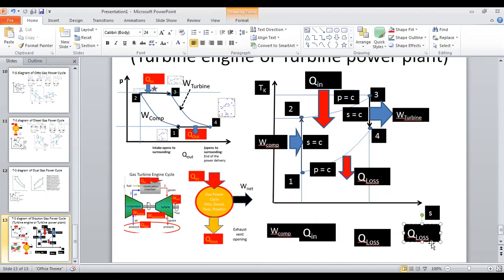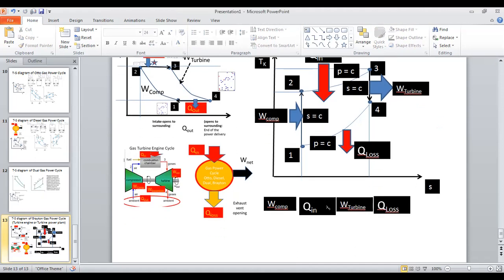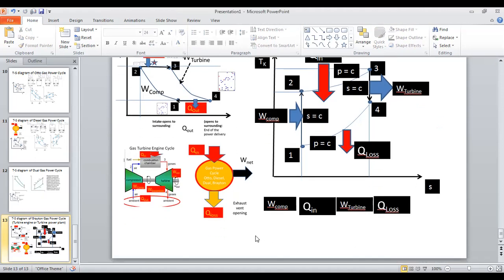Then 3 to 4 is W turbine. 4 to 1 is Q loss. So energy balance is about this.